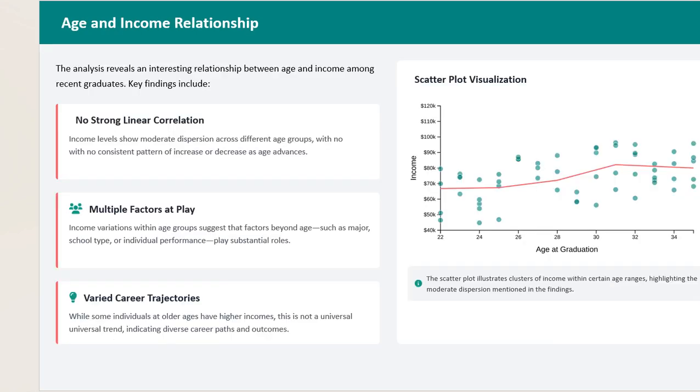Now is the age and income relationship. As you can see on the right, I plotted this using a scatter plot, and the income increases as the individual's age increases.